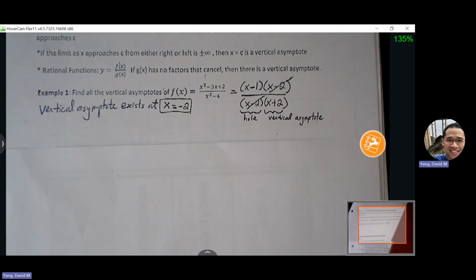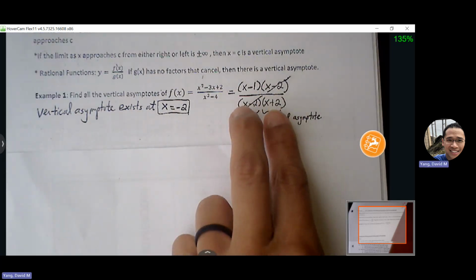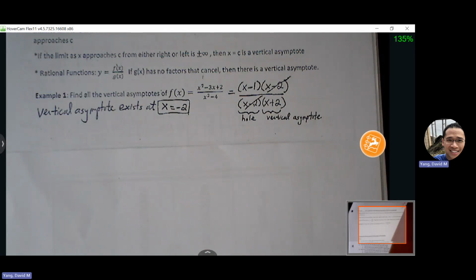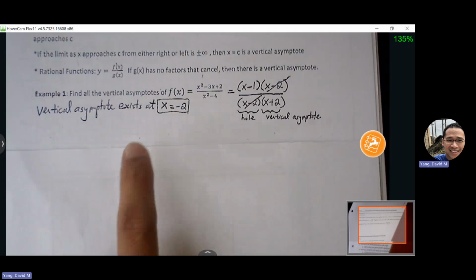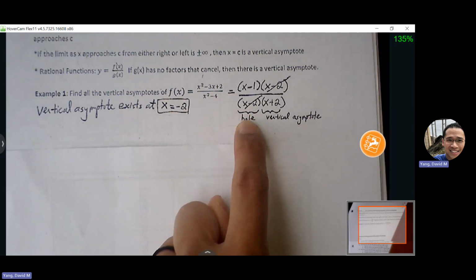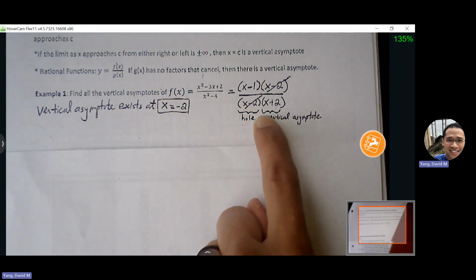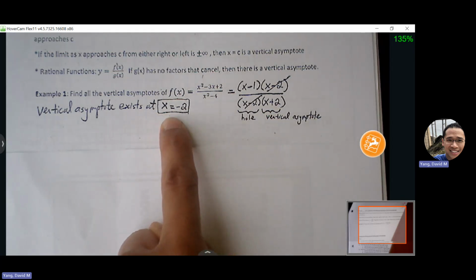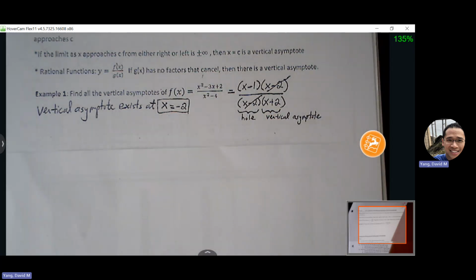So if I factor my numerator and the denominator, x minus 2 and x plus 2, x minus 2 cancels out. We know that that factor tells us the location of the hole. The vertical asymptote is coming from that x plus 2. If I set that equal to 0 and solve for x, we know there's a vertical asymptote at x equals -2.